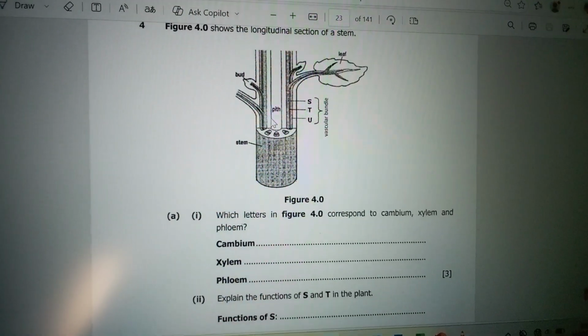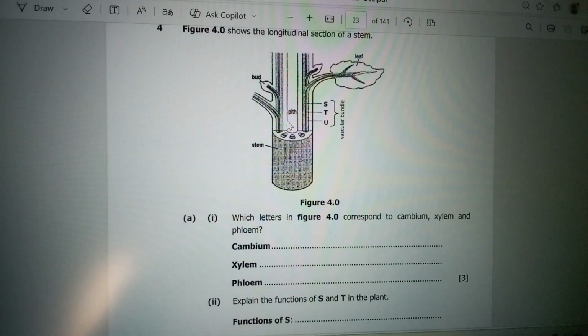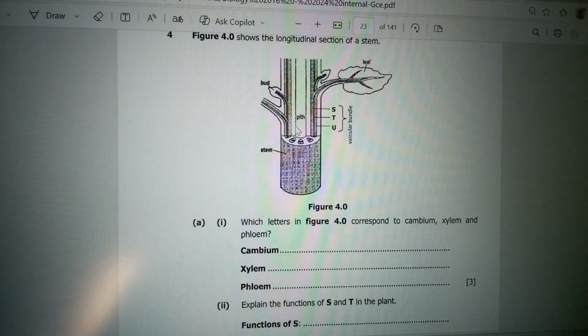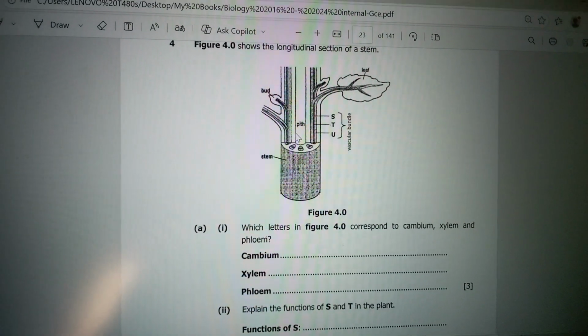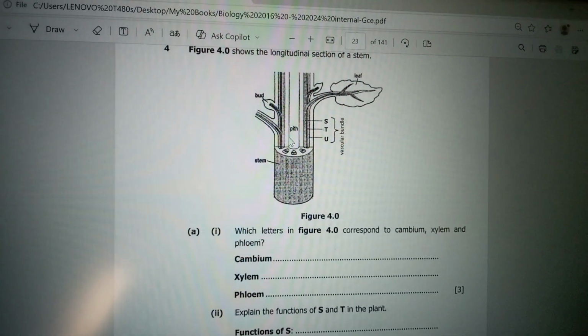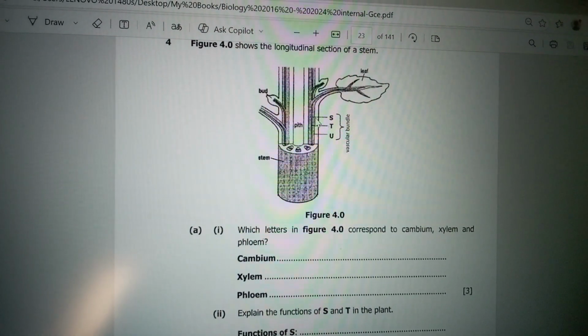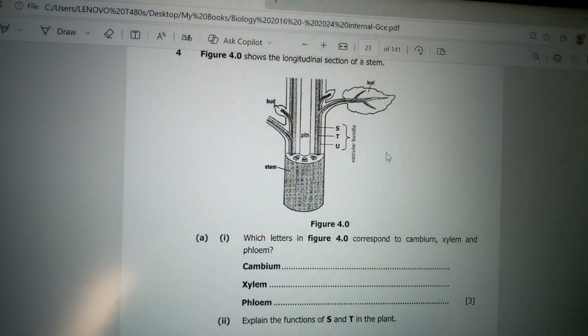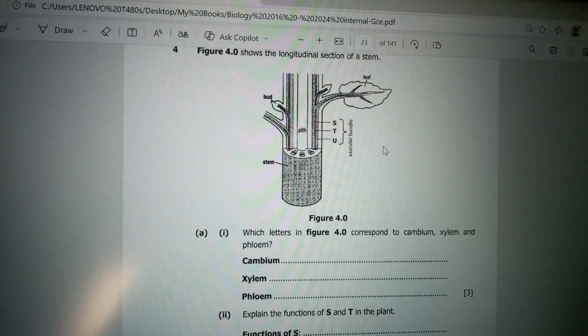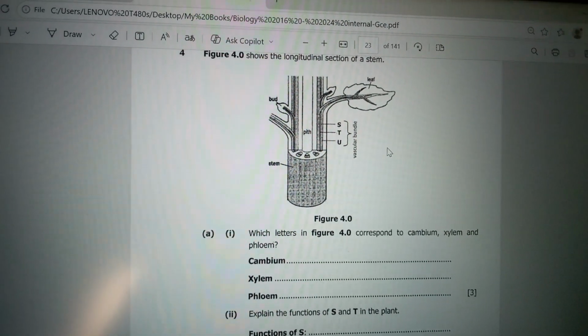The function of the pith is that it is responsible for storage of water and nutrients, and then that part labeled S is what we call the xylem, which is responsible for transportation of water and mineral salts.